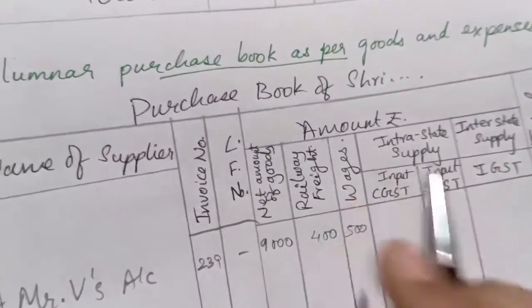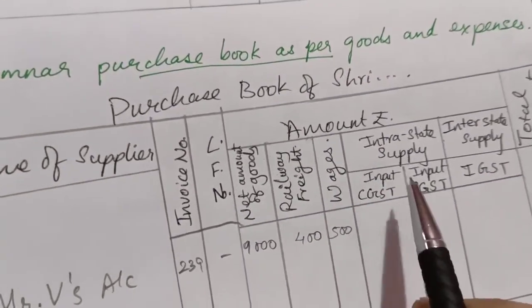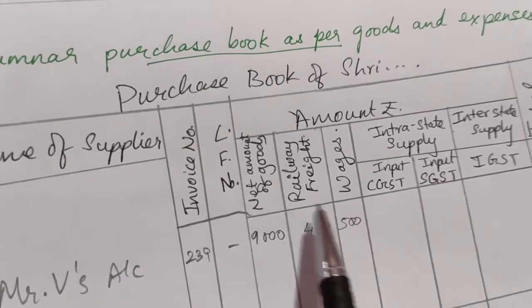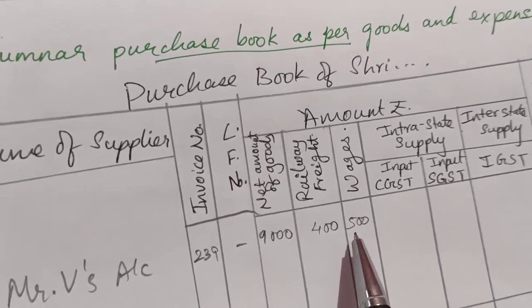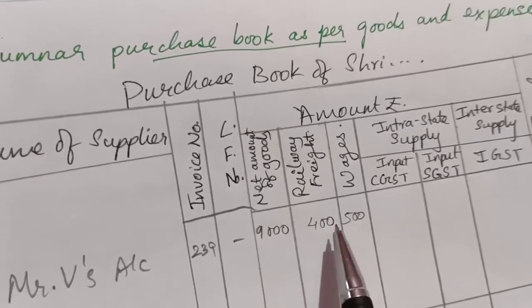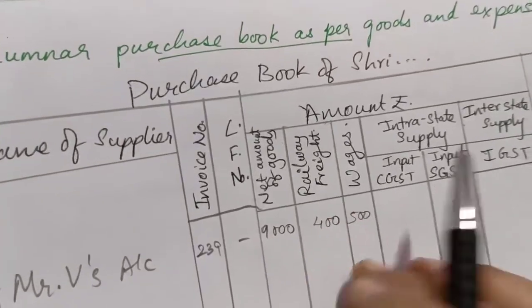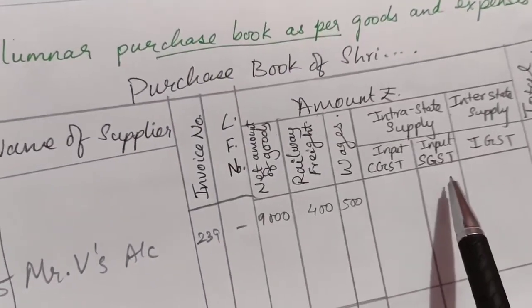So we need to calculate input CGST and input SGST at 6% each on the total of 9,000 plus 400 plus 500. That is 9,900 rupees is the value on which we need to calculate CGST and SGST.